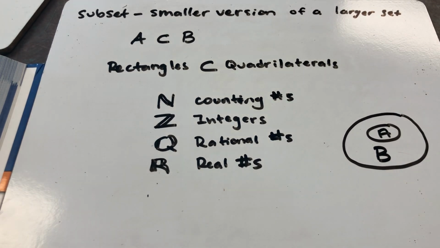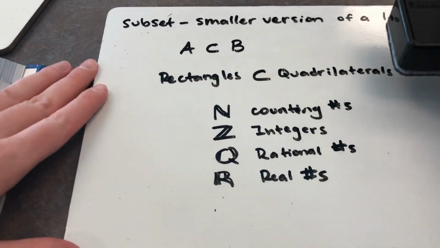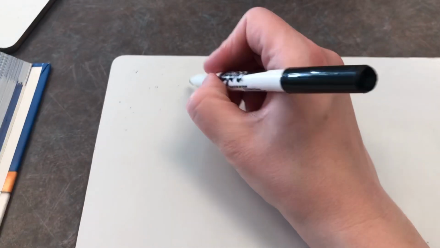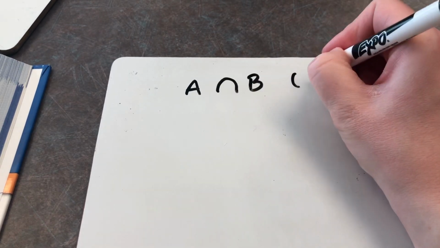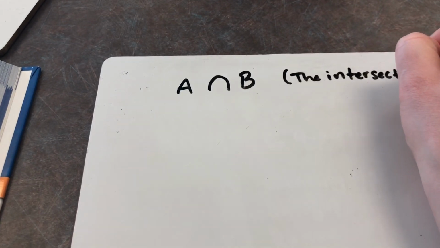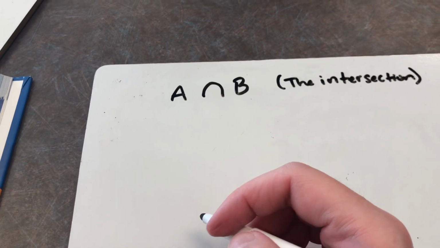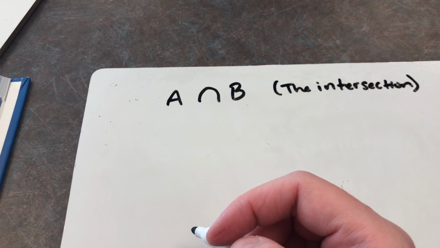All right, there's one other type of notation that you need to know for this, and it is where sets intersect and where sets have a union. So if you think about an intersection of a street, an intersection is where two things come together. So you might see the notation A with a large looking N, and then B. This is the intersection of sets A and B. All right, so let's say we were talking about rectangles and rhombuses.